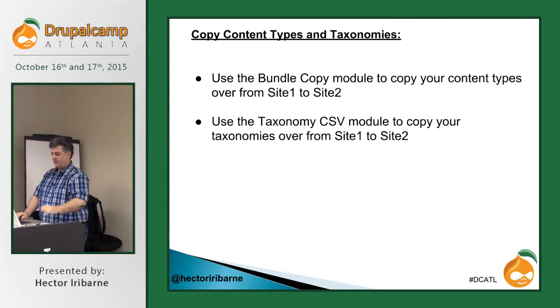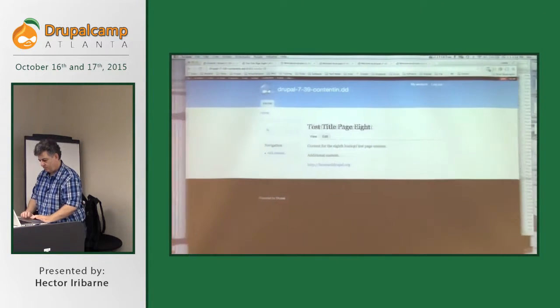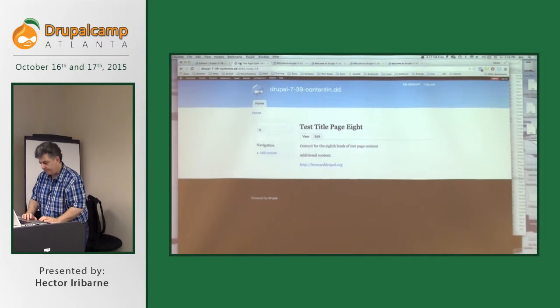So that way, when the tags, yes? What if you modify the article content type? Will your module know that it's been modified? Yeah, that's why I showed you. Well, when you copy, you'll have to copy that over yourself.